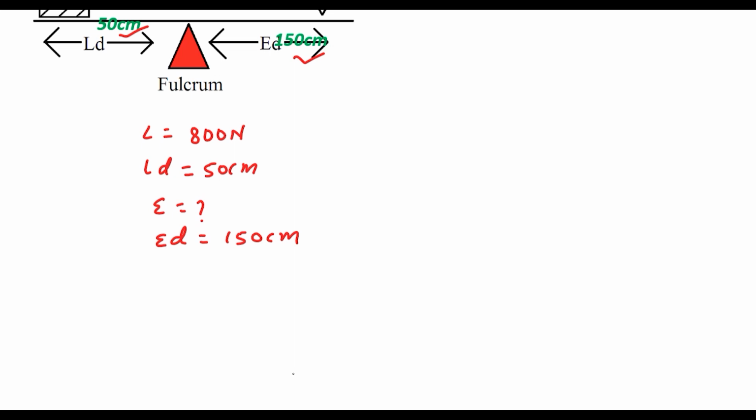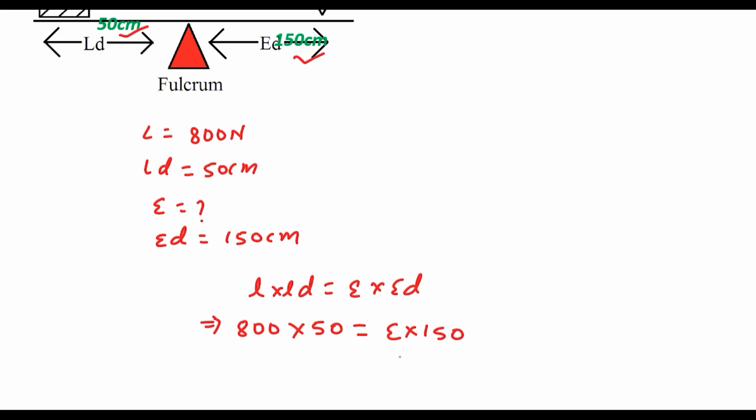So we have the principle of lever. Just by using the principle of the lever, load into load distance equals effort into effort distance, we can solve any type of problem related to the lever. So load is given 800, load distance 50, we have to find the effort, and effort distance is 150.